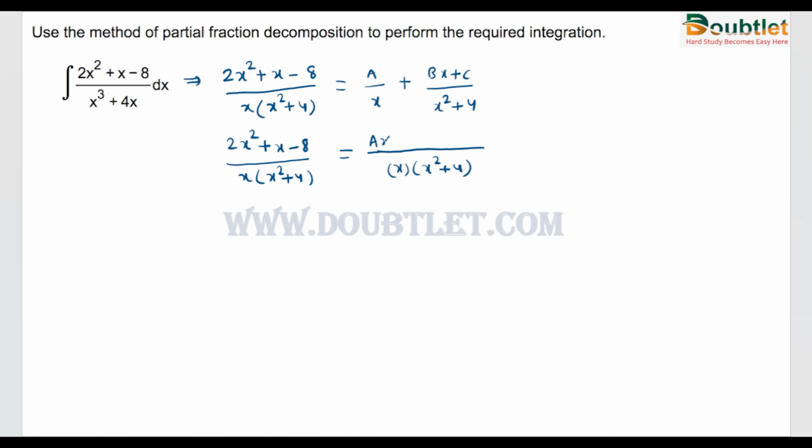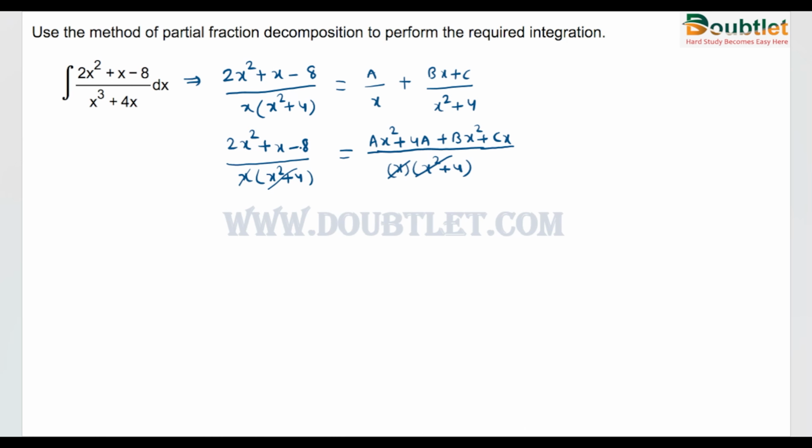On solving, a will multiply to x square plus 4, so it will become a x square plus 4a, and x will multiply to bx plus c, giving bx square plus cx. So this whole term we can cancel out, and x will also be cancelled.